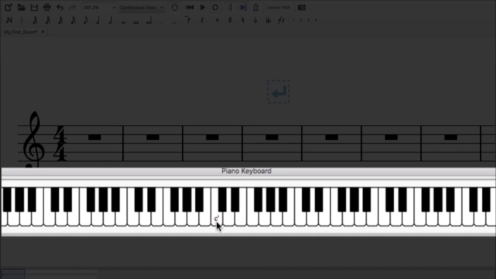So for now, get comfortable with C and know that we count up the alphabet to G, and then it starts over at A, B, and then C again. Okay? So get comfortable finding where that C is, and you will be much happier.